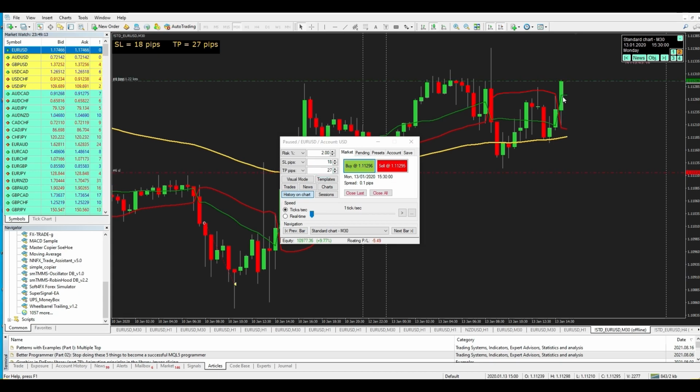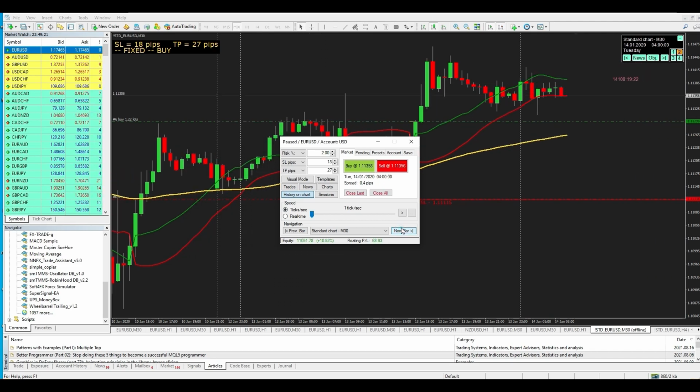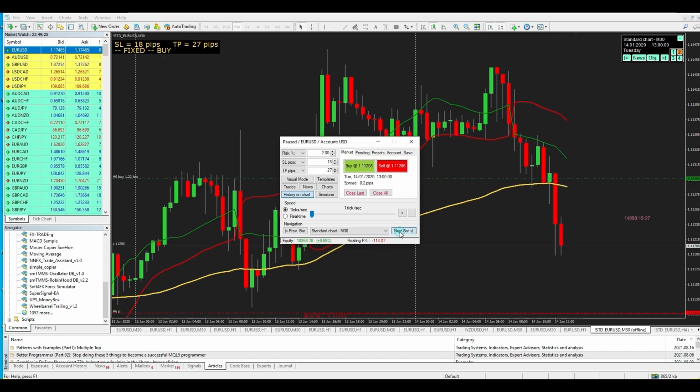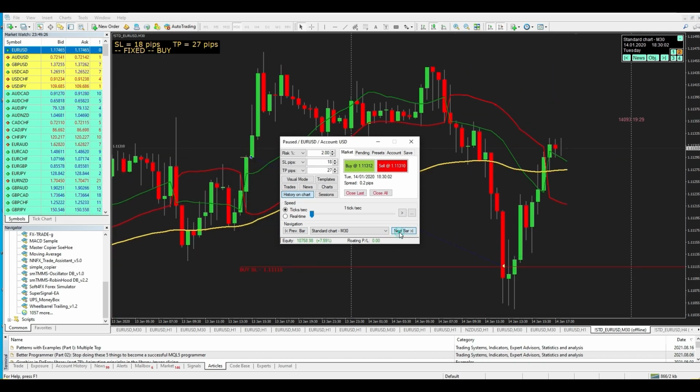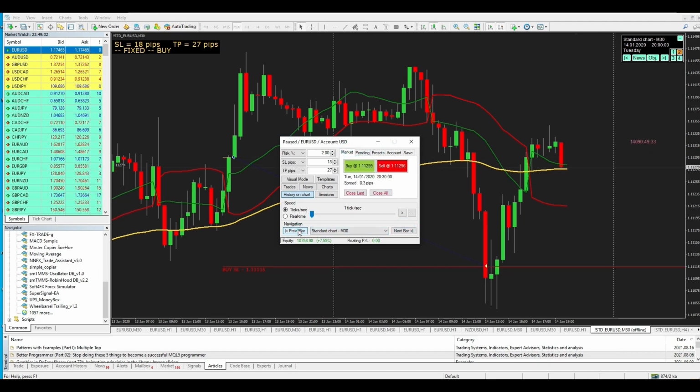Okay, green above red. Price above 95, so we buy. Okay, we didn't get that one. I'm sorry, we have a buy here.